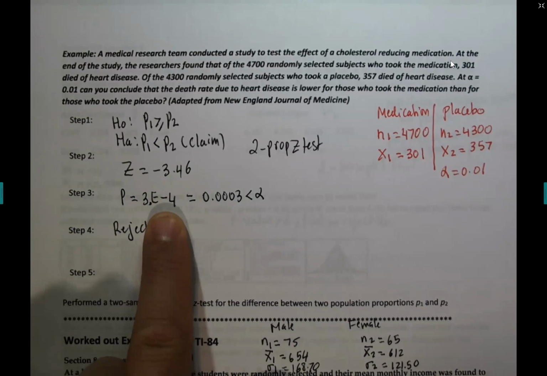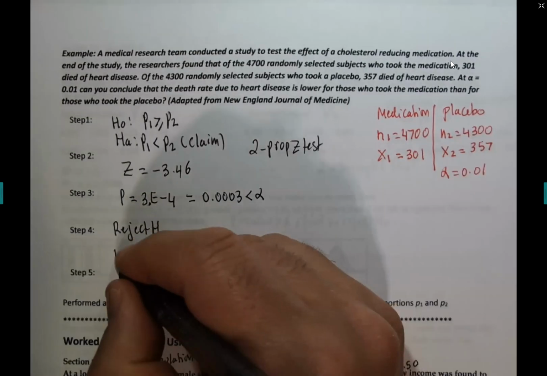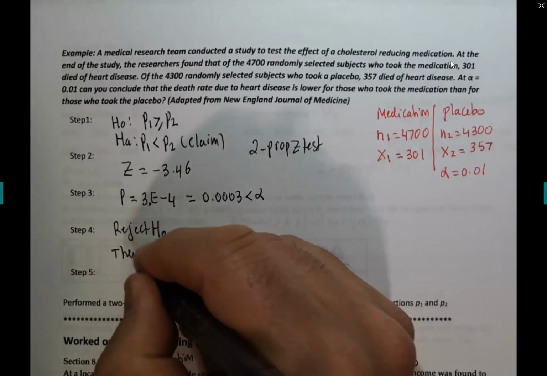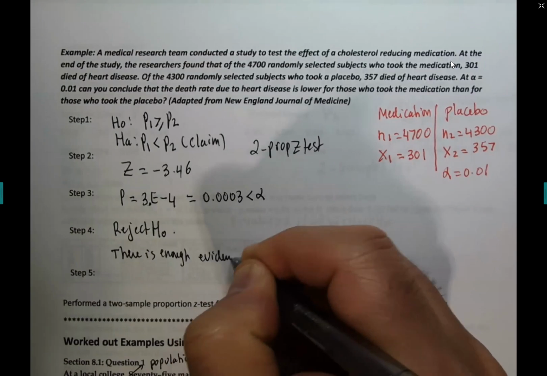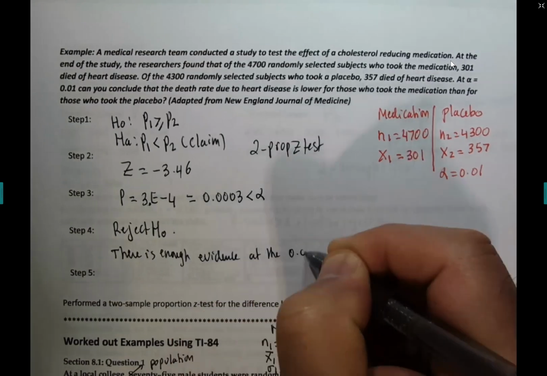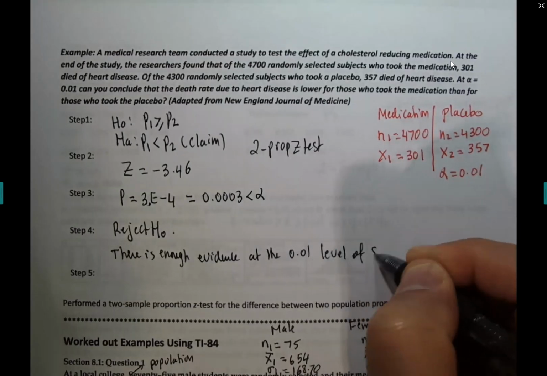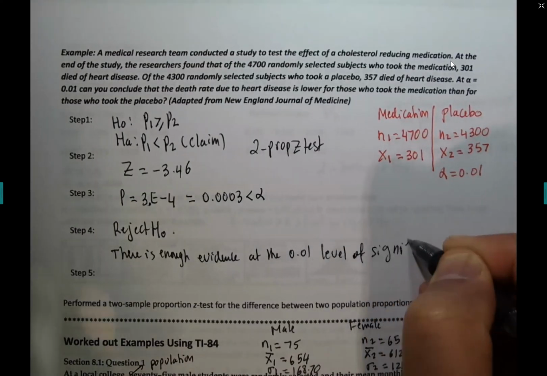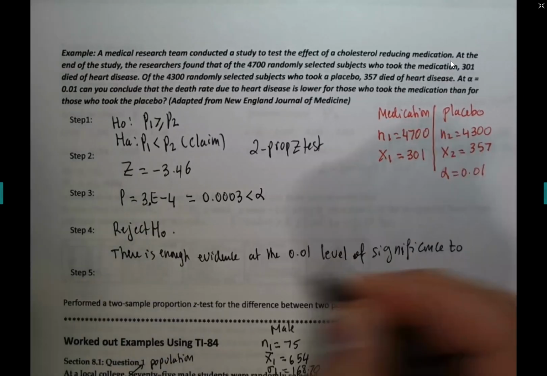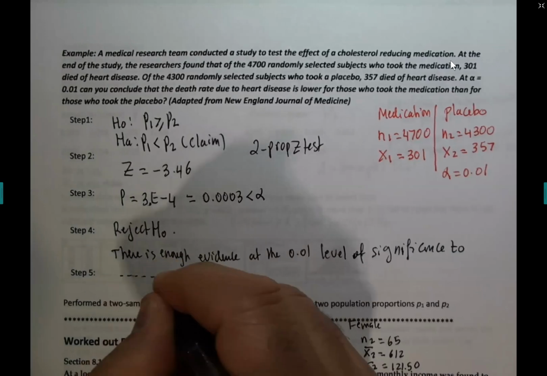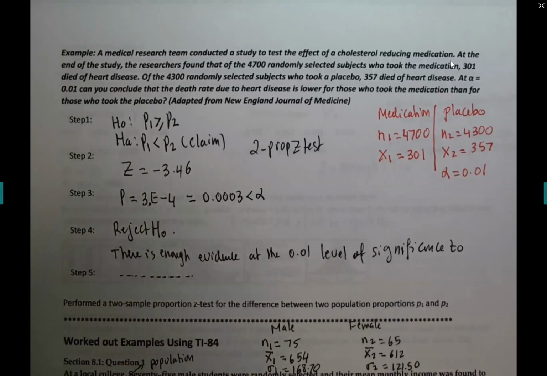So you reject H0, and then your conclusion will be there is enough evidence at the 0.01 level of significance to, what's the magic word? The claim is in HA. Support. I hope that you guys get the message by now.